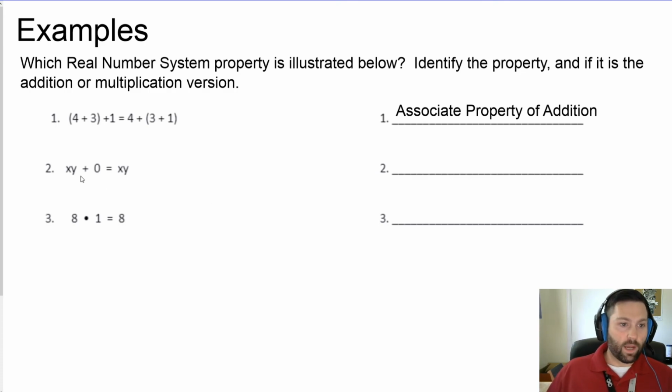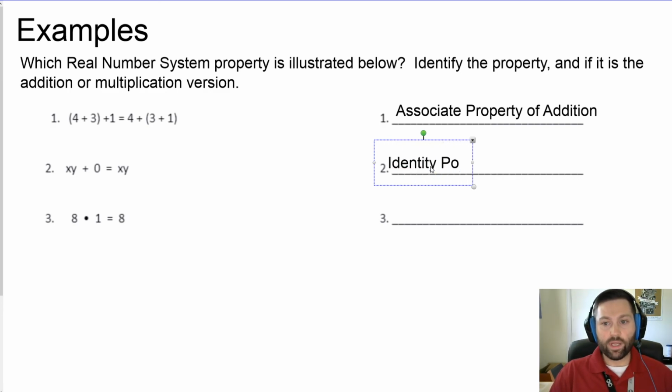Number 2, I see that I have x times y plus 0 equals x times y. So I had a value, I added 0 to it, and I ended up with the value. That is the identity property. And because we added 0, that would be of addition again.